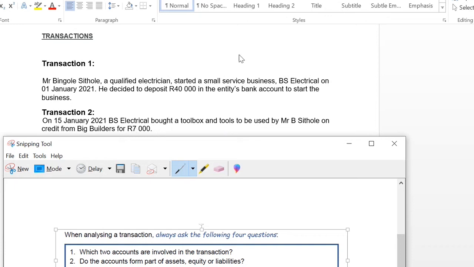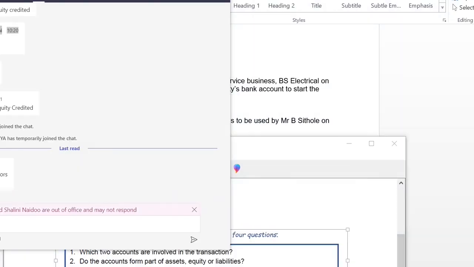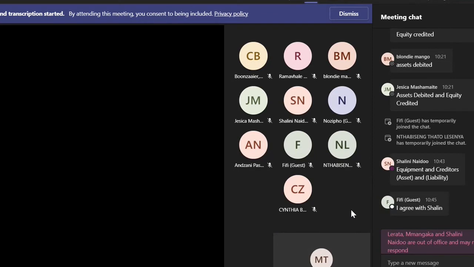It was bought on credit from Big Builders. So guys, can you see the two accounts? Shalini is saying equipment and creditors, and Blondie agrees. So it's toolbox equipment and creditors. Fifi agrees.